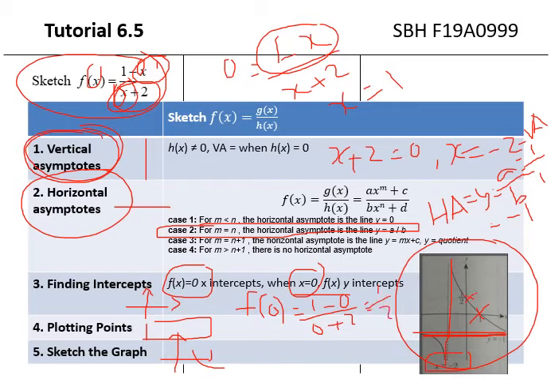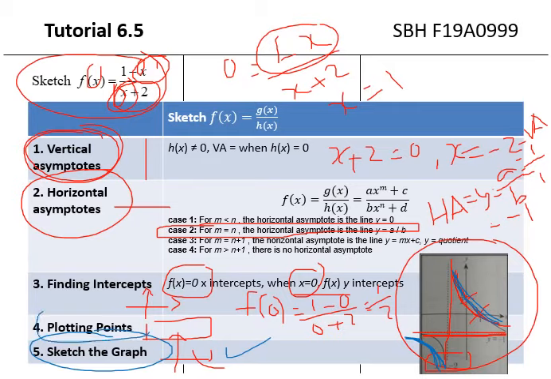So at least we know that there is one curve going to pass through here. We use the blue color. Pass through here. And then normally for the asymptote case, we will have the opposite curve there. We'll draw it here. So we already sketched the graph.